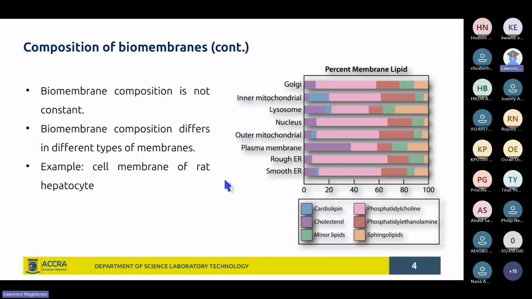That is, if you are doing some research and you want to do some extraction from specific cells or specific tissues, then you just make a reference to see where you can get which specific lipid in large amounts, so you can focus on the extraction from that particular location.